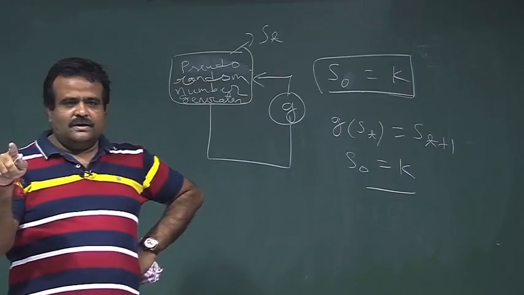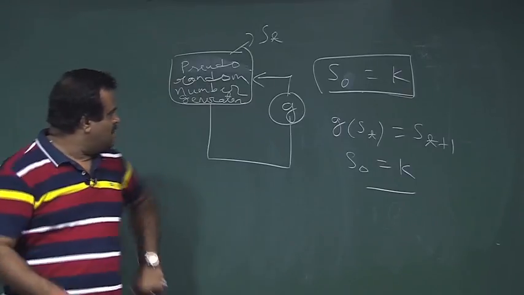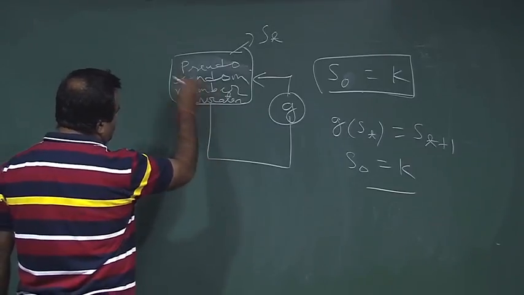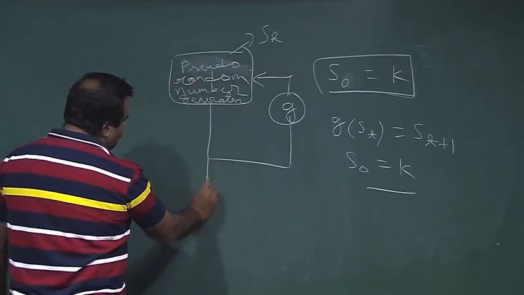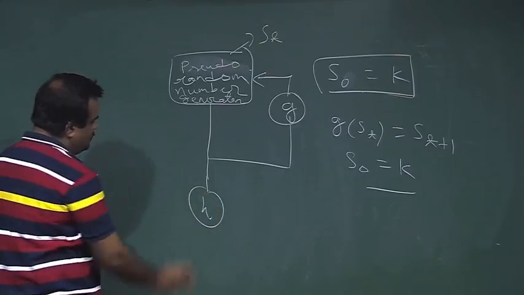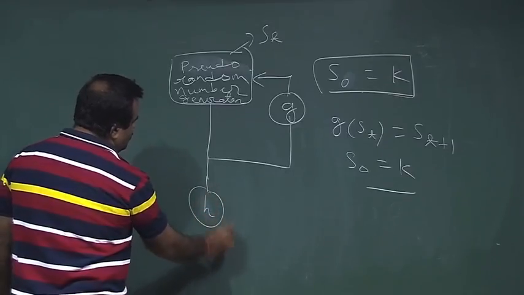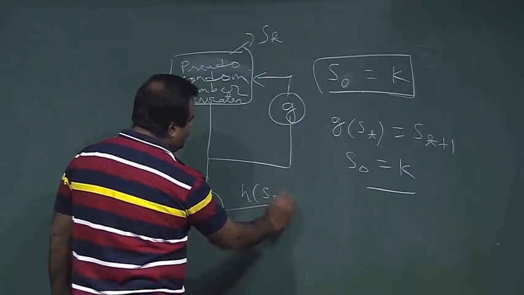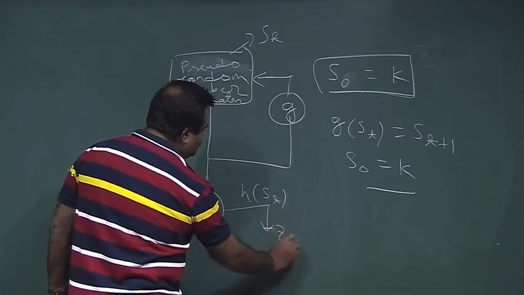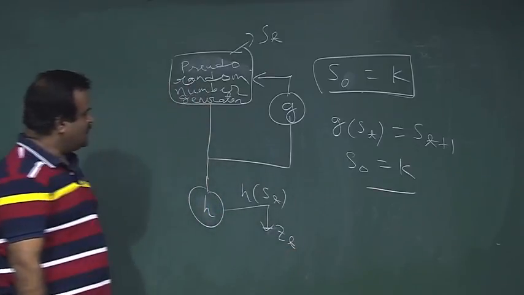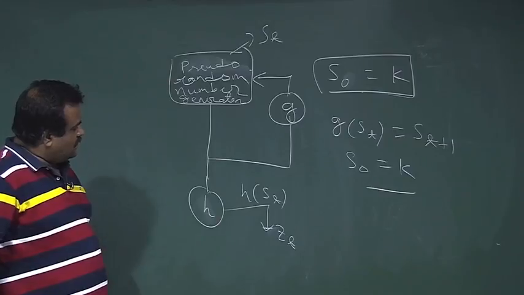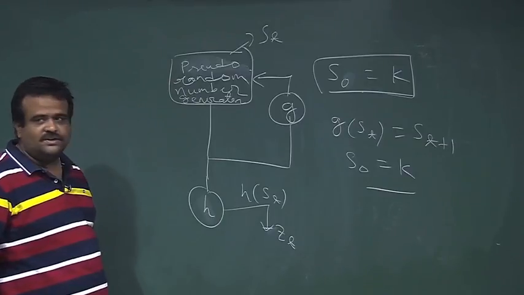And then we have another function which takes the current state and applies a function h, so this is giving us the key stream. So h of st is basically zt, the key stream bit of the tth step.